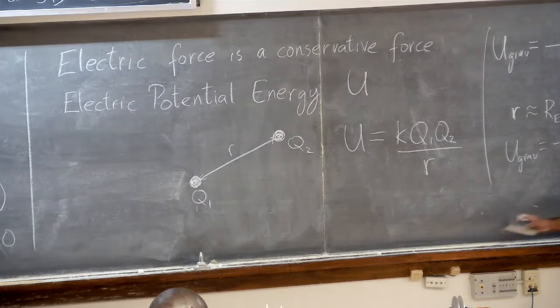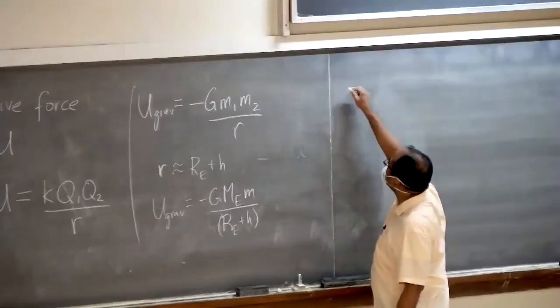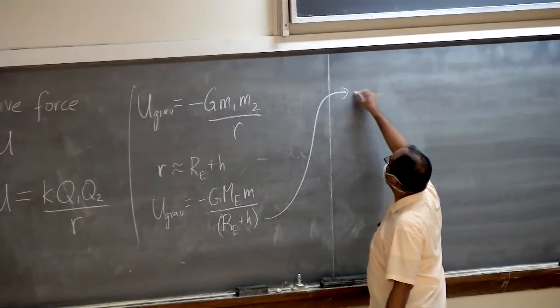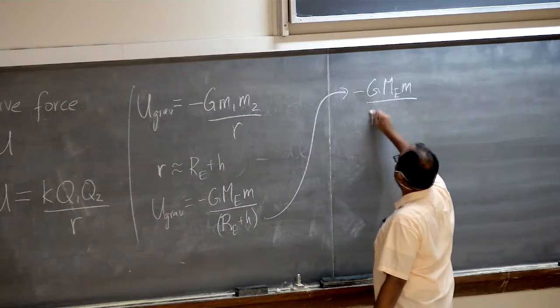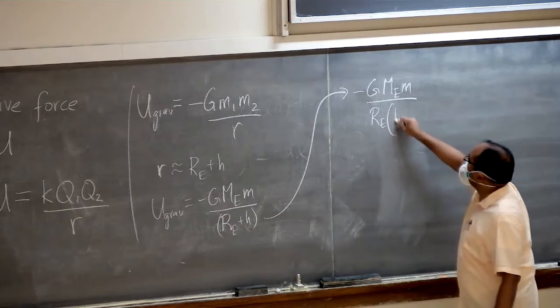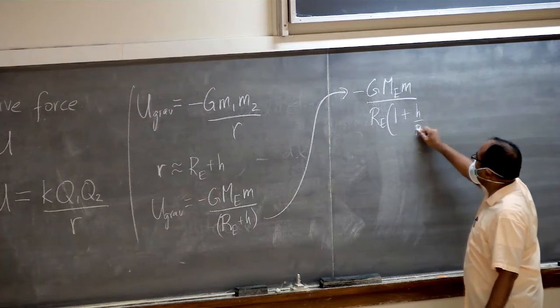And typically the heights that we're looking at are much smaller than the radius of the Earth. So what we can do is pull out the radius of the Earth. So we get minus G, and pull out the radius of the Earth, we get 1 plus h over R_E.